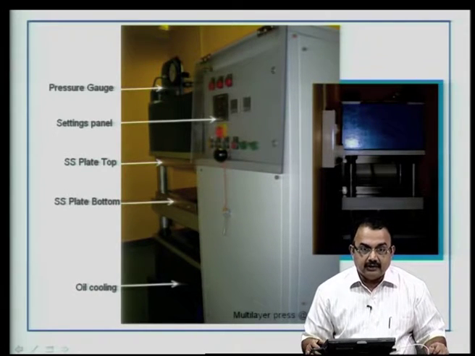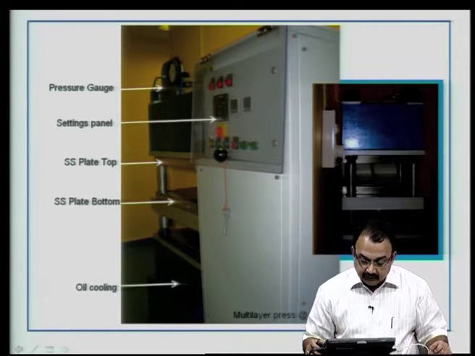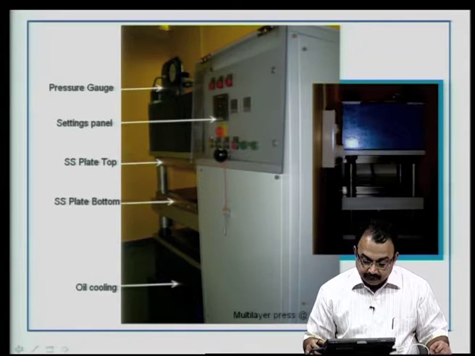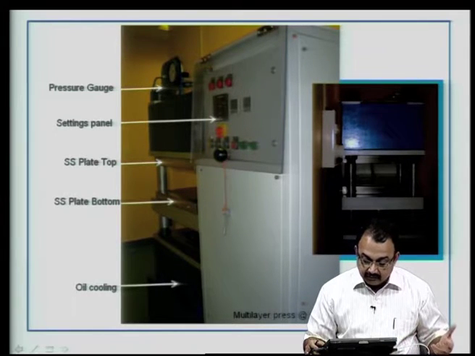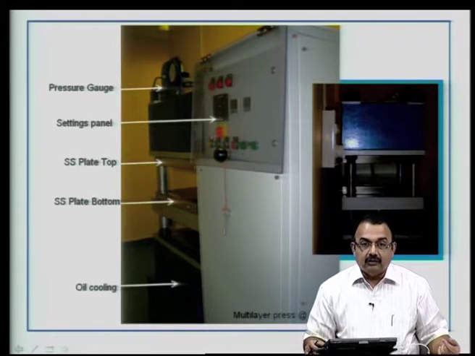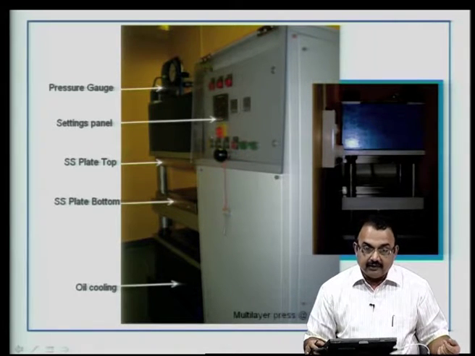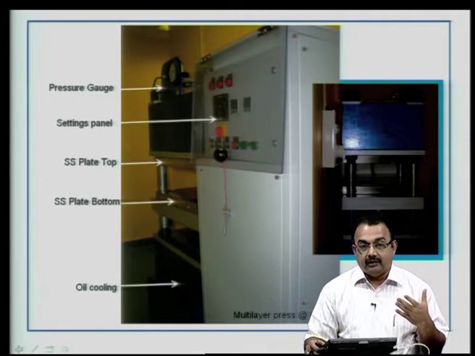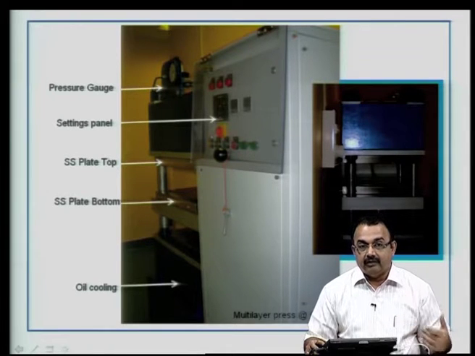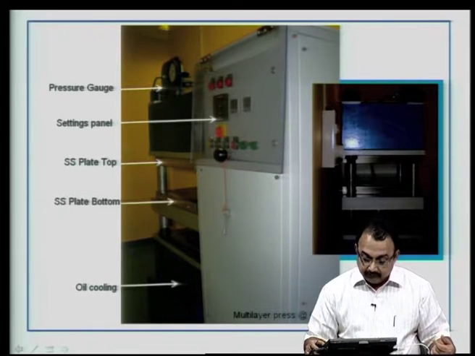What you see here is basically a multilayer press. It can be custom made. Various models are available in the market depending upon your requirement and the volume of production. So, in a PCB industry, again we are going to use this multilayer press for laminating different layers that we have designed.